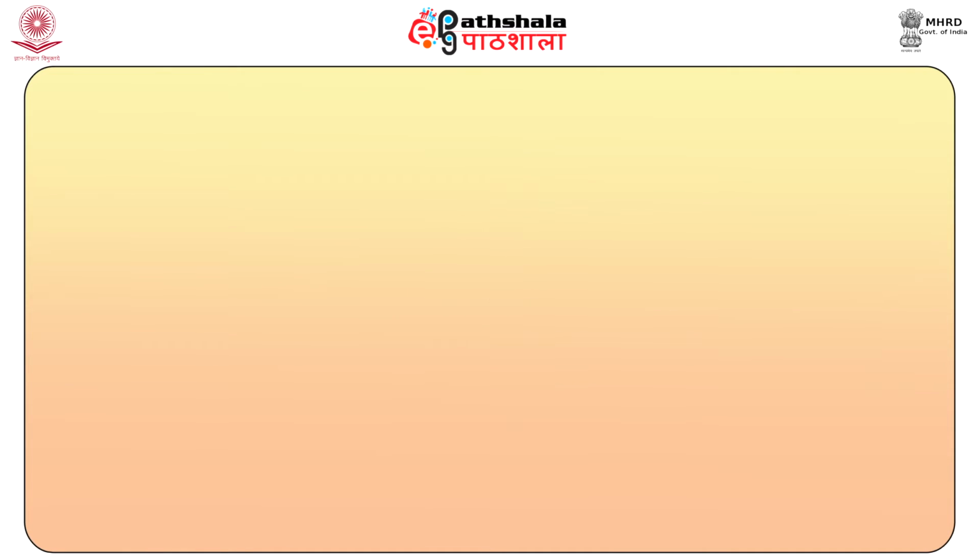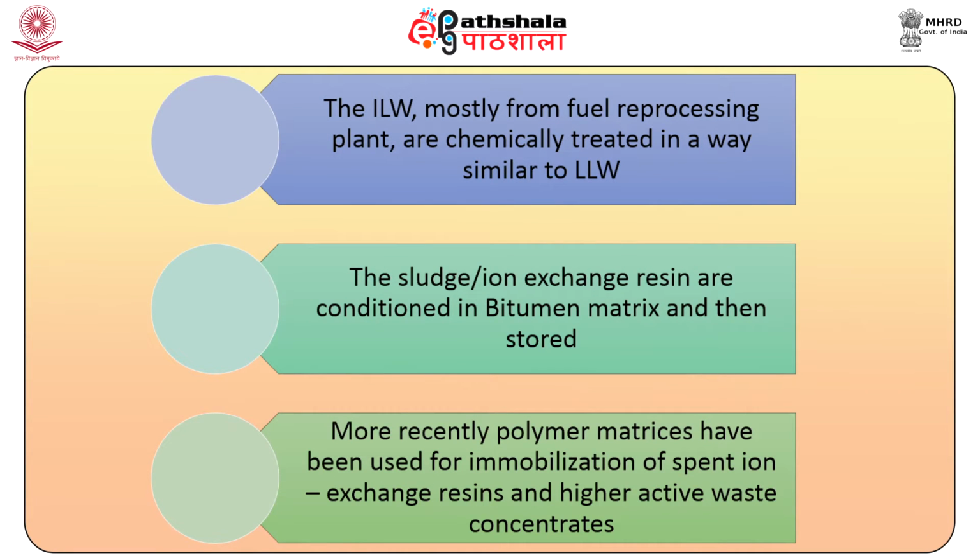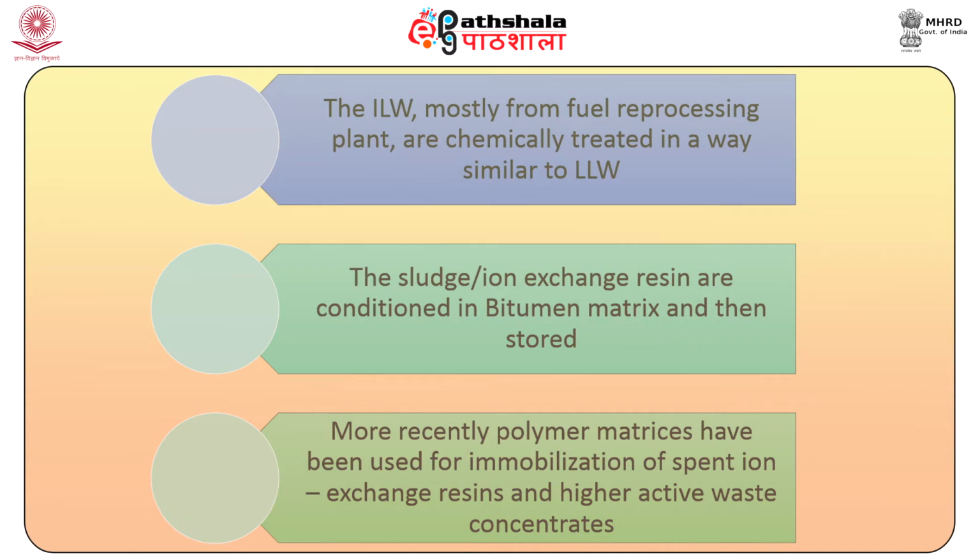Intermediate level waste. The intermediate level waste, mostly from fuel reprocessing plants, is chemically treated in a way similar to low level waste. The sludge and ion exchange resin are conditioned in bitumen matrix and then stored. More recently, polymer matrices have been used for immobilization of spent ion exchange resins and higher active waste concentrates.